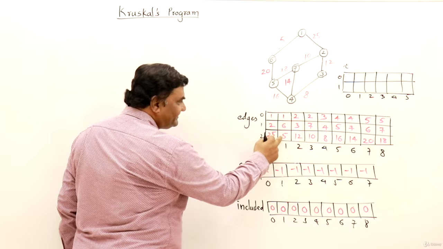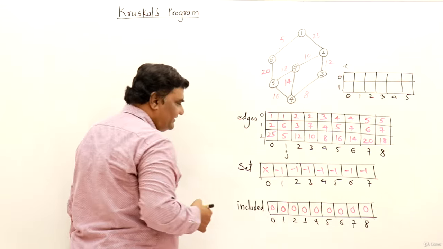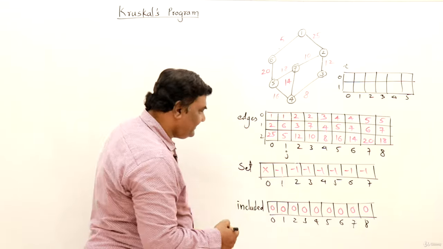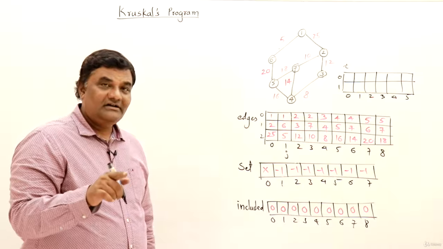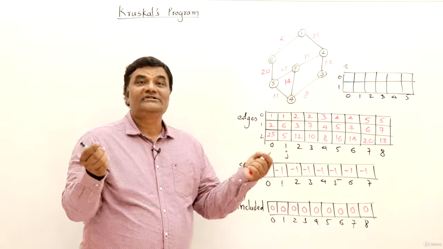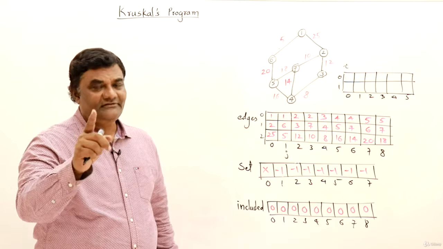So the first minimum is 5. Let us call this J, right? And here, is it included? No, it's not included. So now this is minimum. So find out whether it is forming a cycle or not. For 1 and 6, check who is the parent. If their parent is the same, they belong to the same set, which means they will form a cycle.